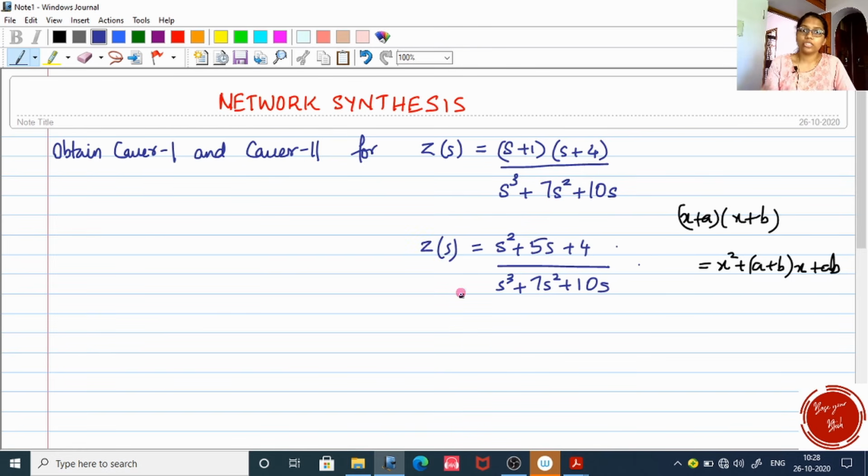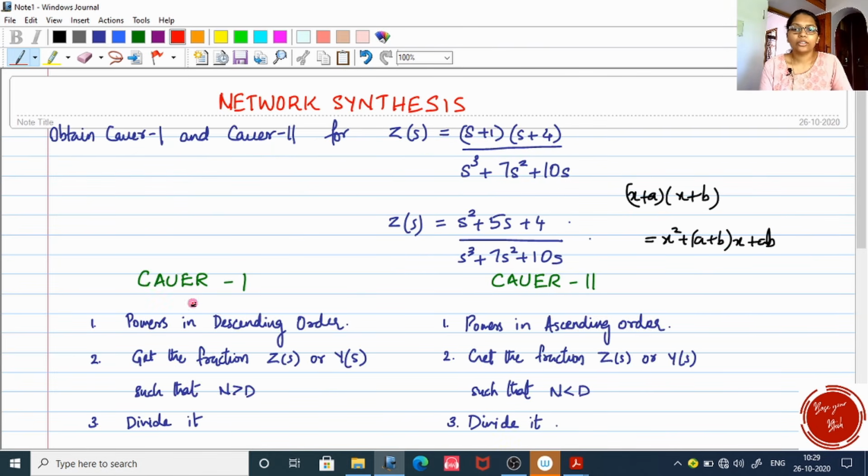Now we have to check some rules to be followed in Cauer 1 and Cauer 2. So these are the steps. Let's see Cauer 1 first. First rule is arrange the powers in descending order, that is, in the fraction, for numerator as well as denominator, the terms must have their powers arranged starting from the biggest.